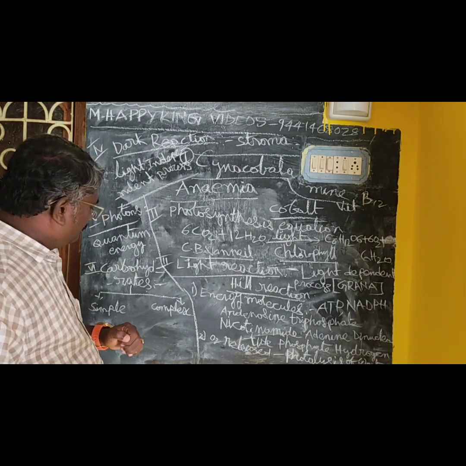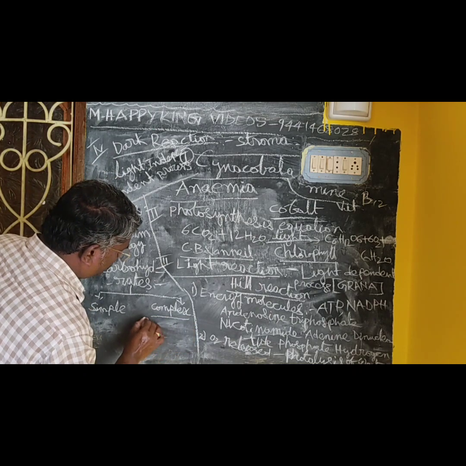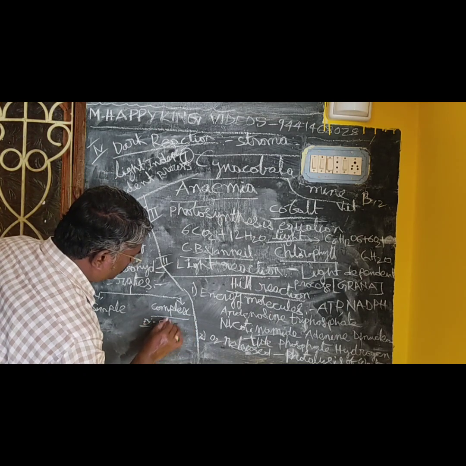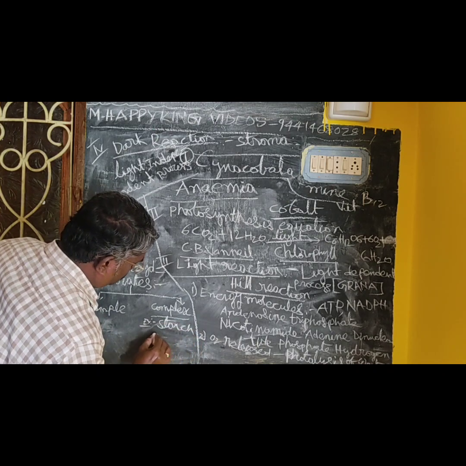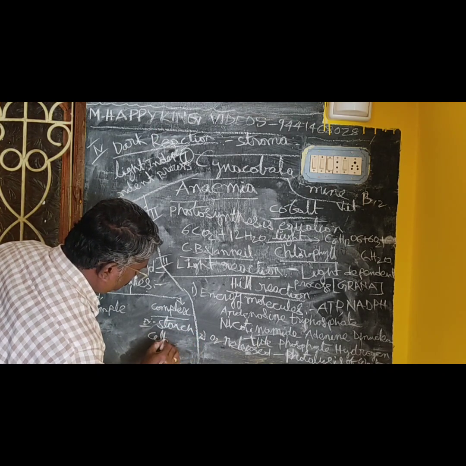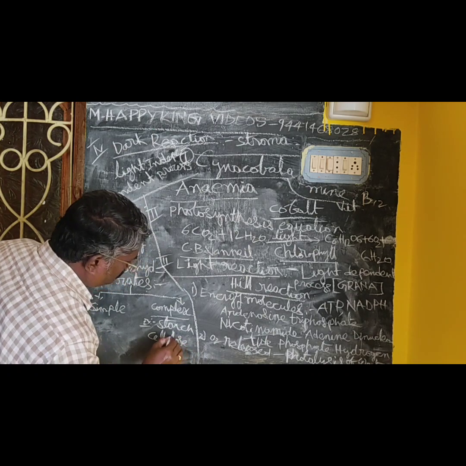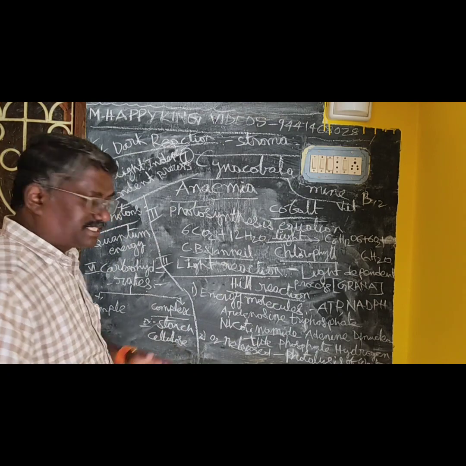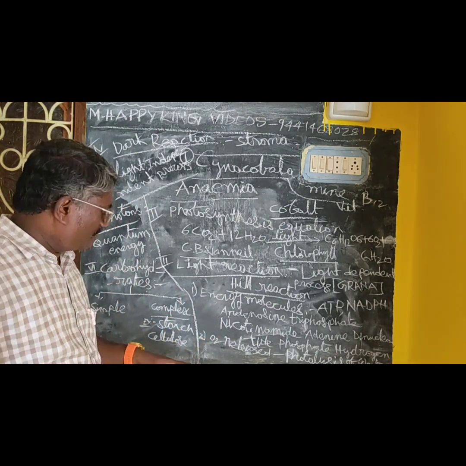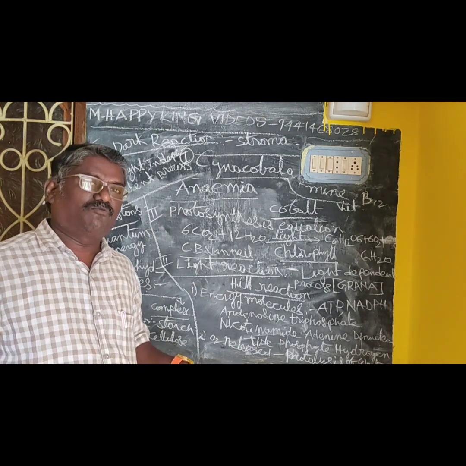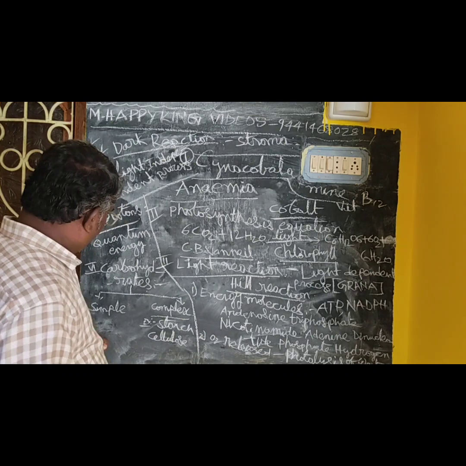The examples for the complex carbohydrates: starch, cellulose. The cell wall in plant cells is made up of cellulose.